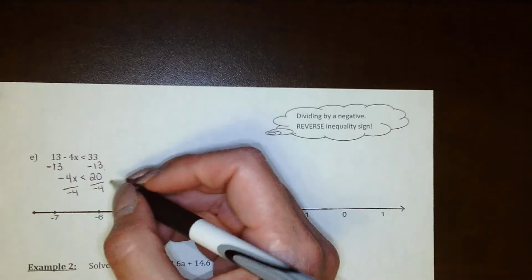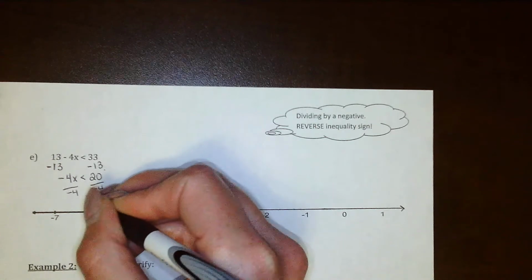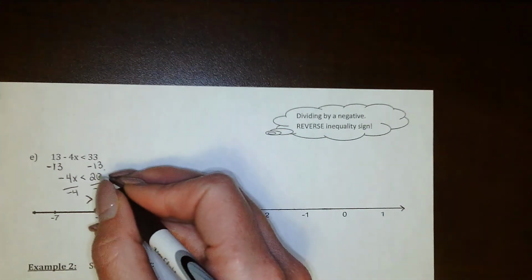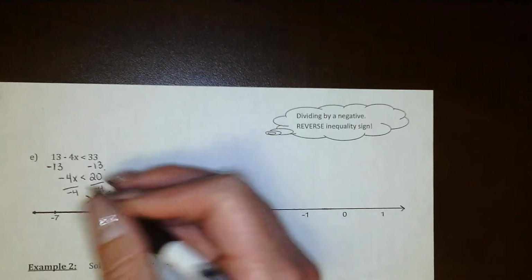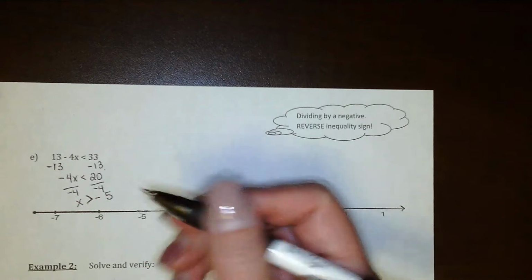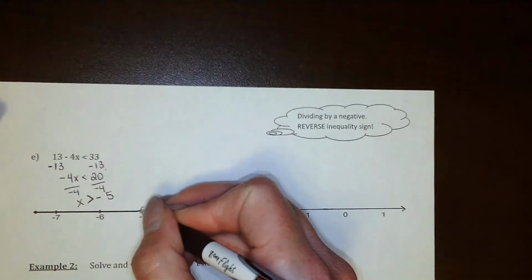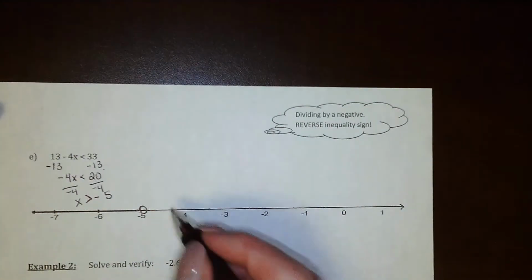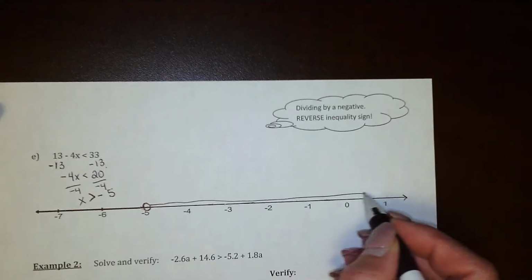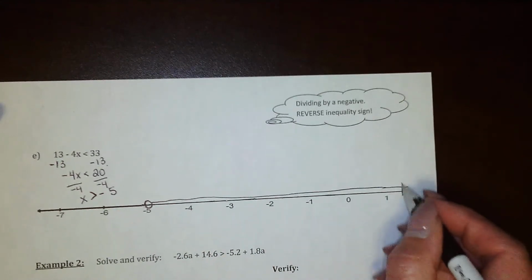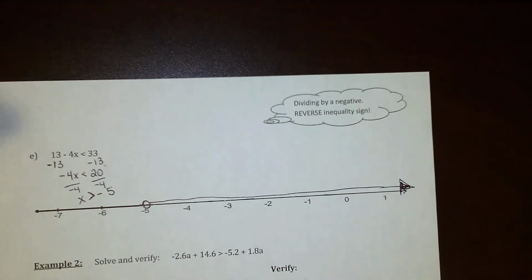Because I'm dividing by a number that is negative, I need to reverse my sign, leaving me with 20 divided by negative 4 is a negative 5, and this side is x. X is greater than negative 5, so I'll find negative 5, open circle, and it's going to be larger, so things like negative 4 and any positive numbers. Here we go.